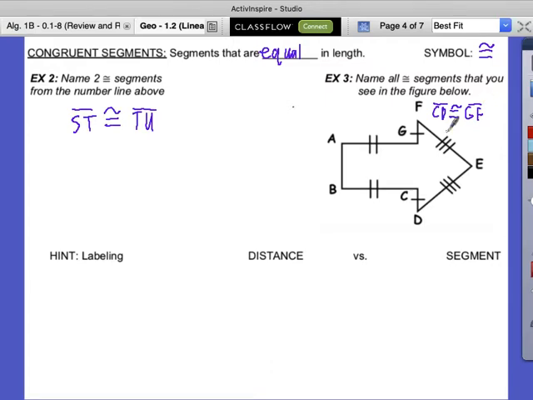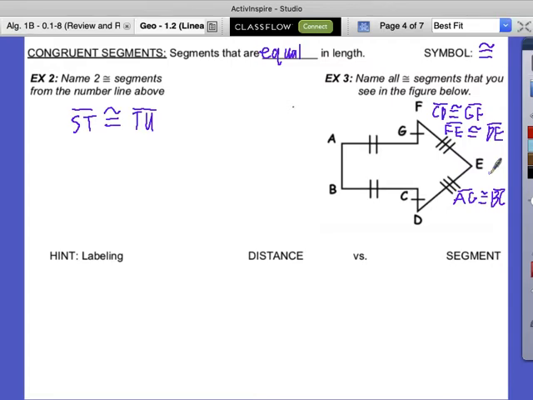Segment FE is congruent to segment DE. Very good. And if you want to call that ED versus DE, that's fine. Or EF versus FE, that's fine. And then we have one more pair of segments here that are congruent. Okay, Ray. AG and BC. Yeah, segment AG and segment BC are congruent. Very good.